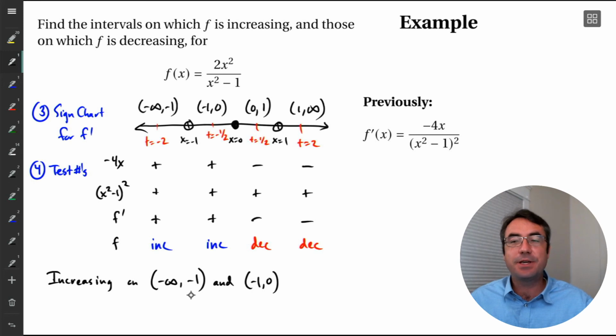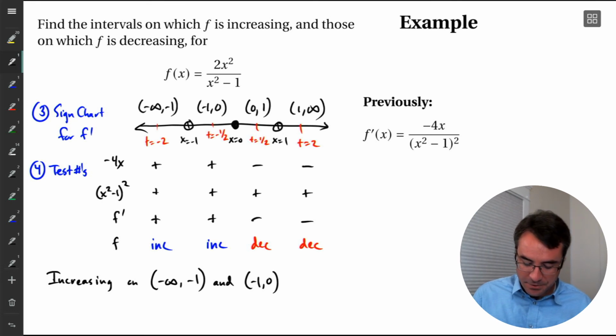So we can't actually combine these intervals into just one interval. So even though this one ends at -1 and this one starts at -1, because our function is undefined at -1, we can't stitch these together. So it's not increasing on that entire interval. It's increasing on this one, and it's increasing on this one, kind of separately.